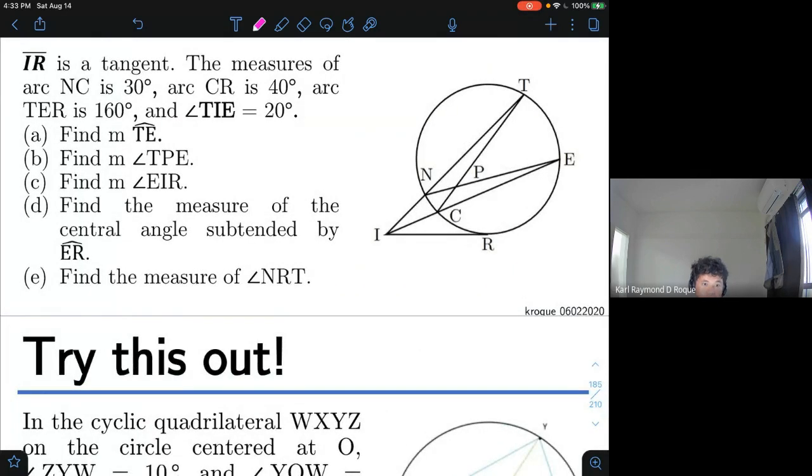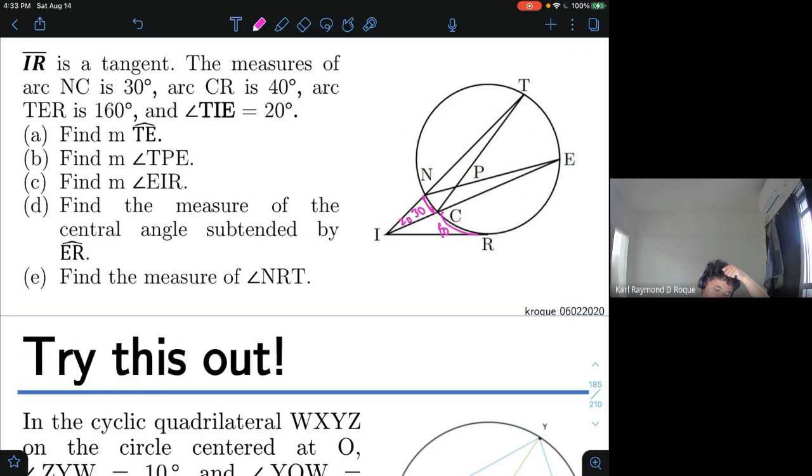Okay. Ito. Measure of angle TIE is 20. NC is 30. CR is 40. RTER is 160. TIE is 20.